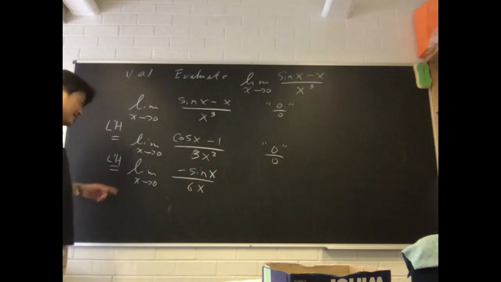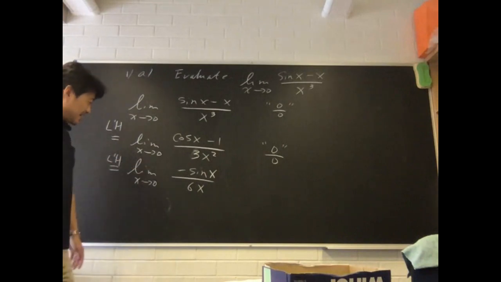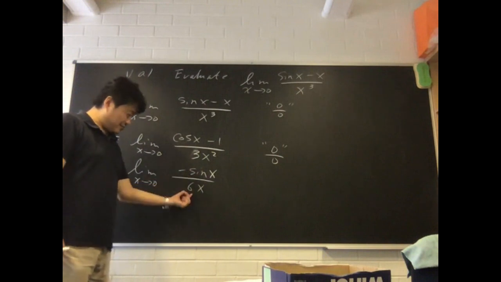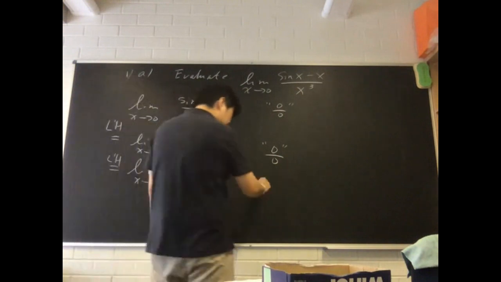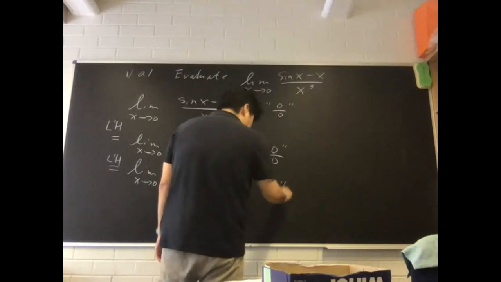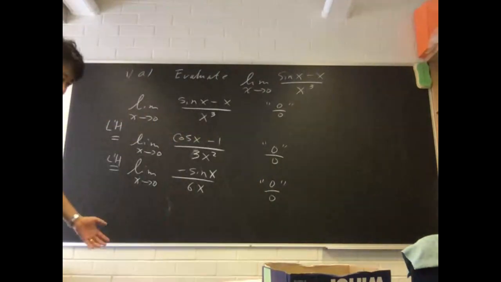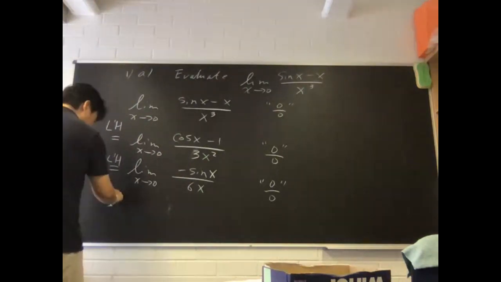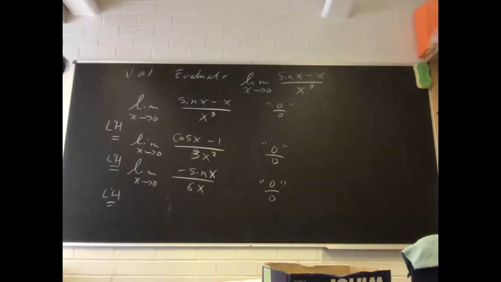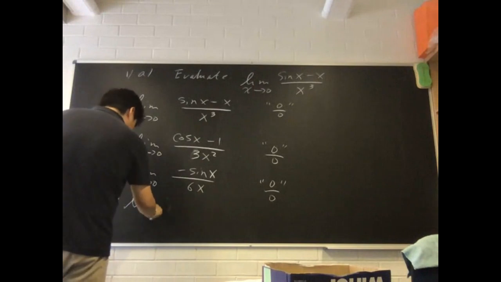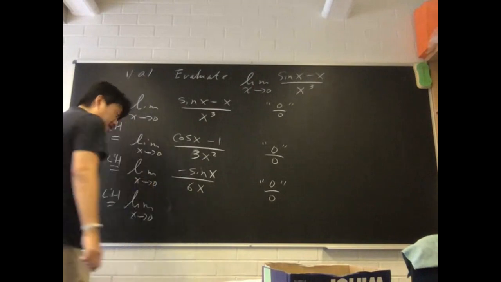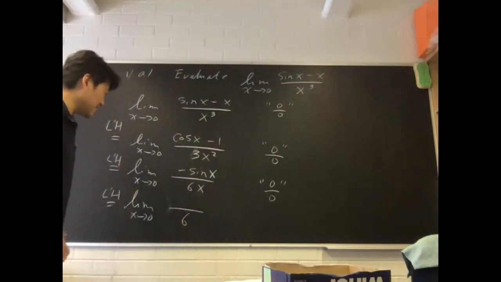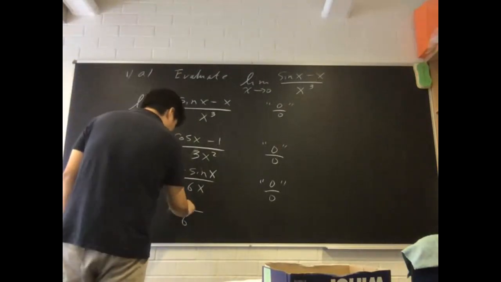All right, so now examining this, as x goes to 0, sine of 0 is once again 0, and 6x is still 0. So that's just 0 over 0 once again. So I can apply, or I should apply, L'Hopital's rule again, and that will give me a 6 downstairs, and upstairs I get a minus cosine.